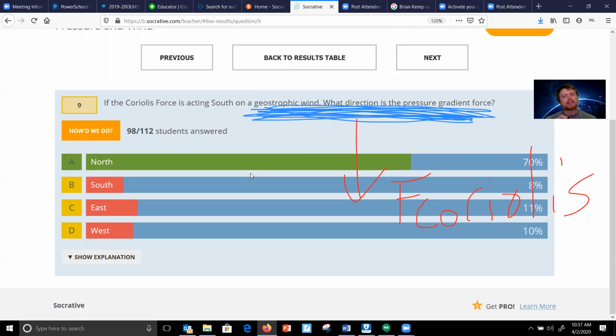Well, now I can visualize it a little bit better. If the wind direction is to the east, then when I rotate to the right of that, I'm going to be going south. Yes, my wind direction is here. And I also know that I've got that geostrophic balance, and that means that the pressure gradient and the Coriolis force are going to be in the opposite direction.